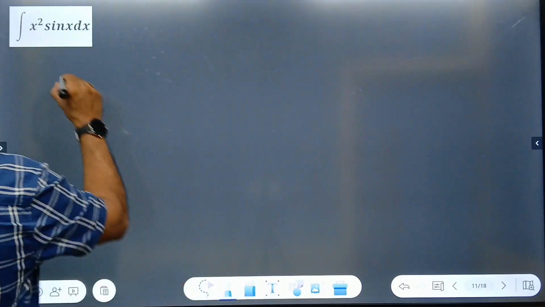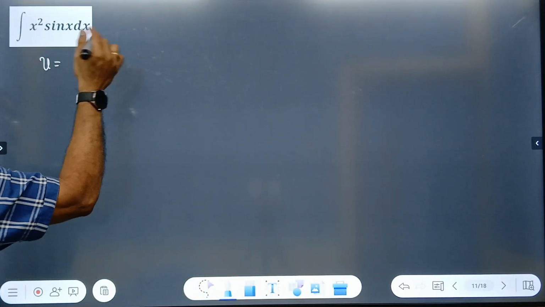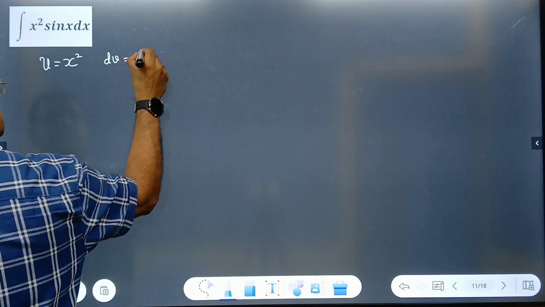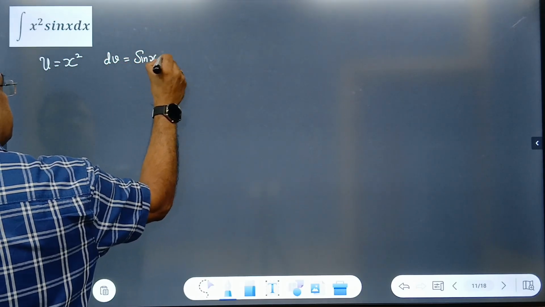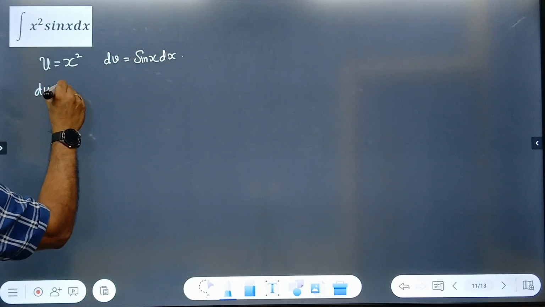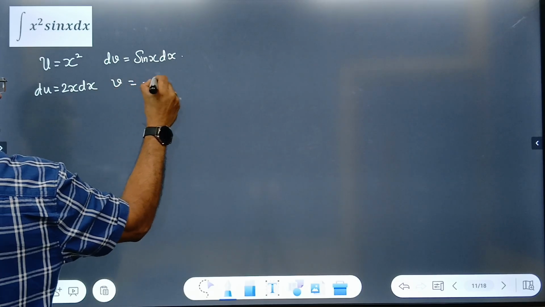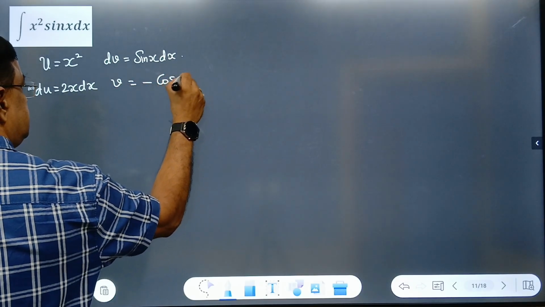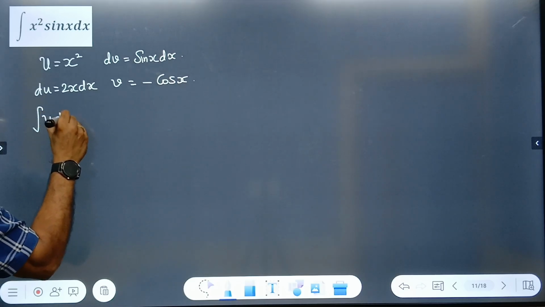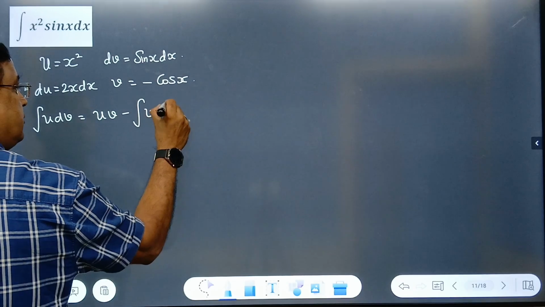So first I'll do u equal to ILA. A is x square and dv is sin x dx. So du is 2x dx and v is minus cos x. So what is integration by parts? Integral u dv equal to uv minus integral v du.